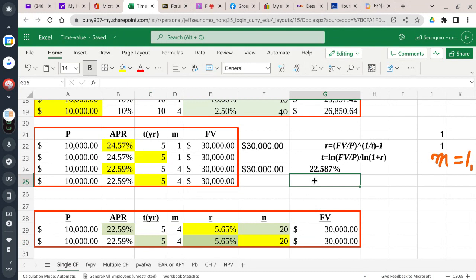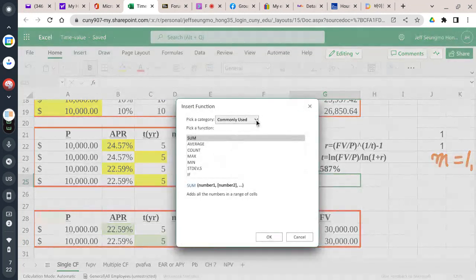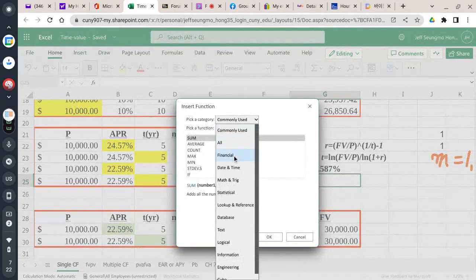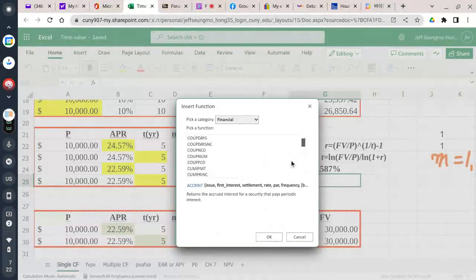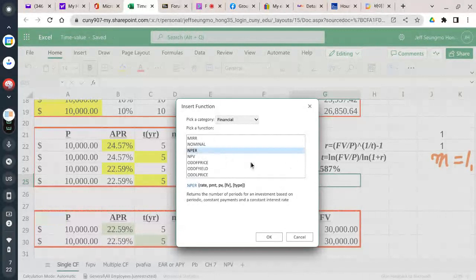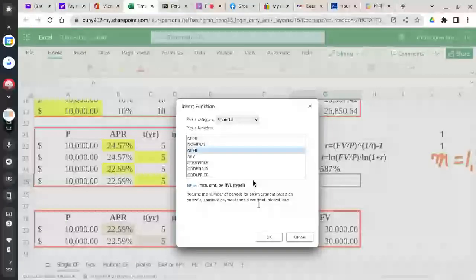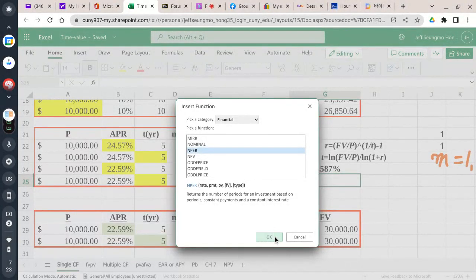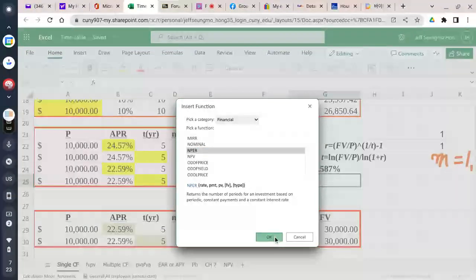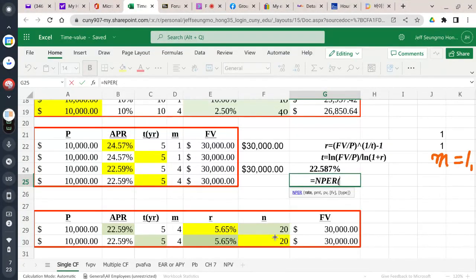So here, let's use Excel's built-in function. What you're looking for is n. So you go to financial and n here, n periods. That's n periods, literally. Hit OK, and it's asking for first rate.